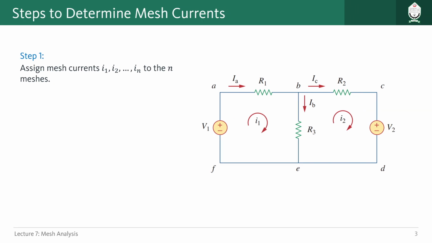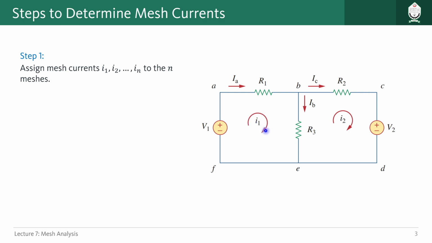So now let us try to understand what are the steps we have to follow to solve a circuit using mesh analysis. So the first step is to assign mesh currents for each of the meshes we have. Like you see, for this simple circuit we have 2 meshes, we already know, and for each of these meshes we have to assign mesh currents, like we have done here.